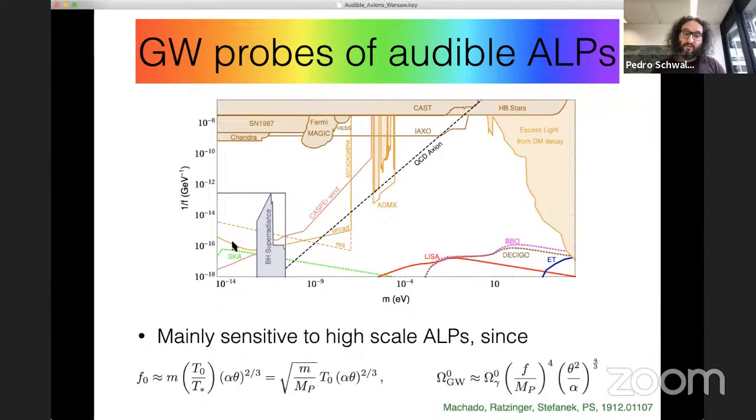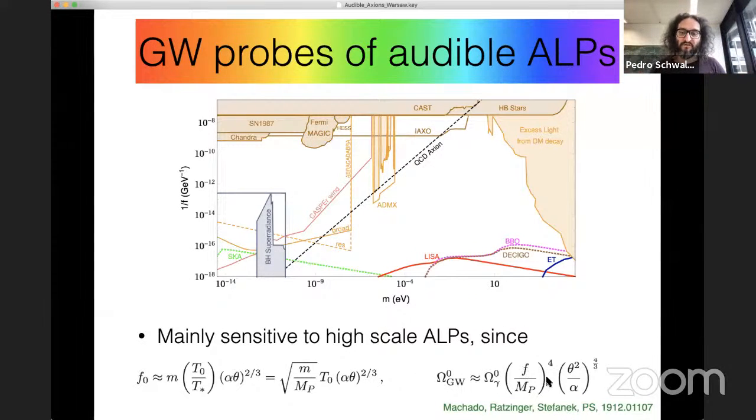The reason that we are mainly sensitive down here is a simple energy argument. The source of the gravitational waves is the energy initially contained in the axion field at the time when it starts rolling. This is a quantity proportional to the axion decay constant over the Planck scale squared, and then when you compute the energy density in gravitational waves, you have to square it again.